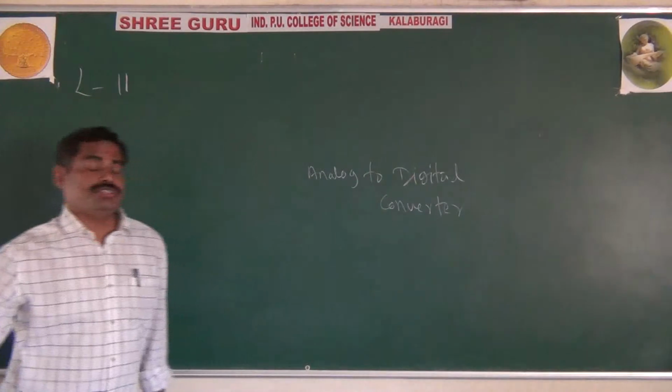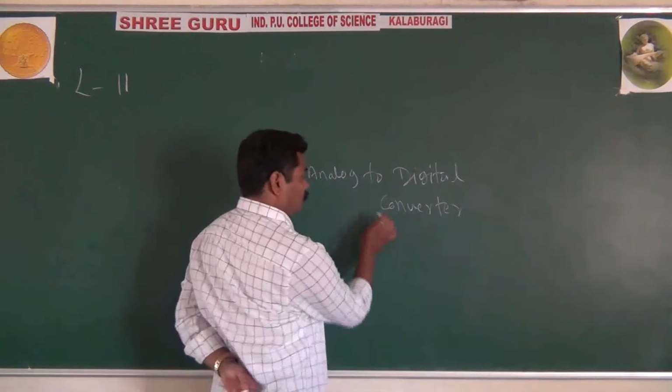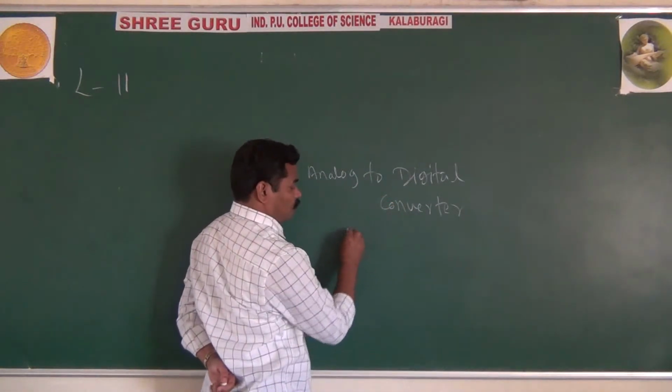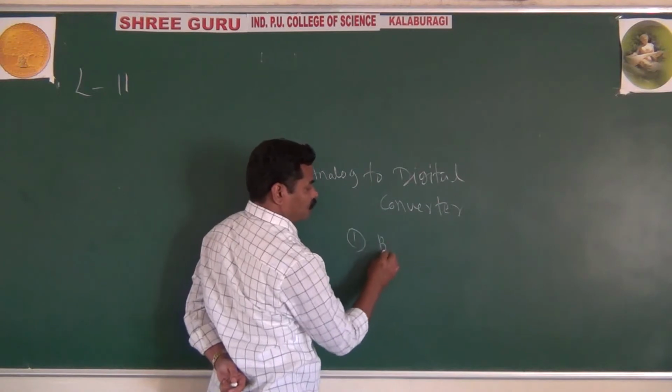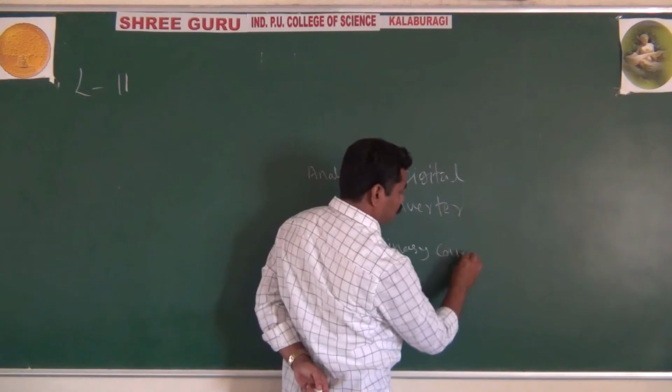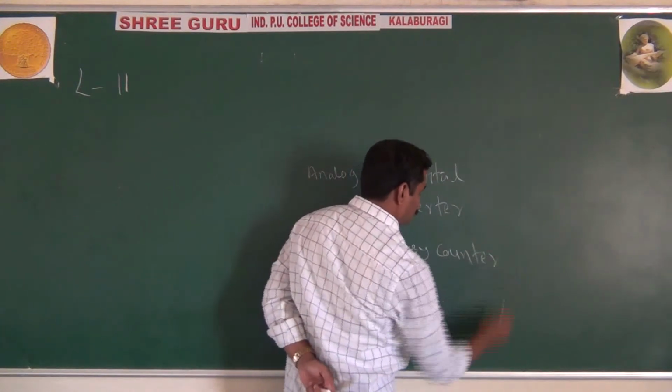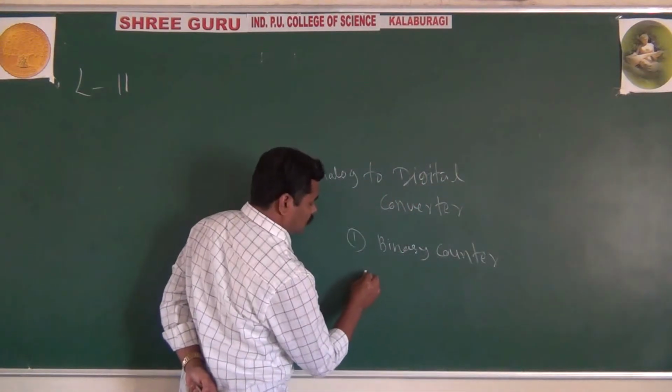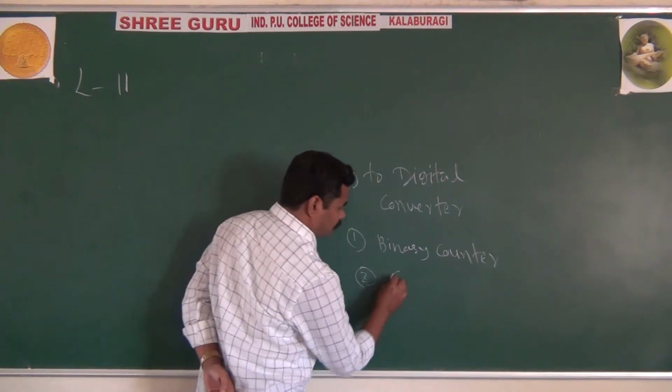You have already studied the DAC, but if you go for the ADC, the ADC consists of four important blocks. The first important one is a binary counter. It also requires a comparator.